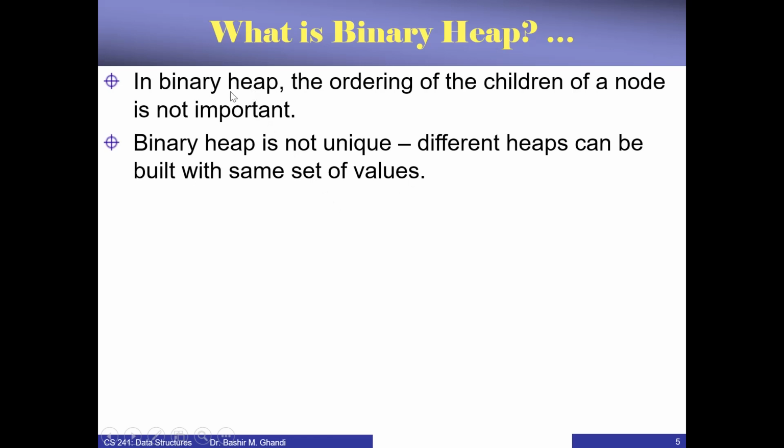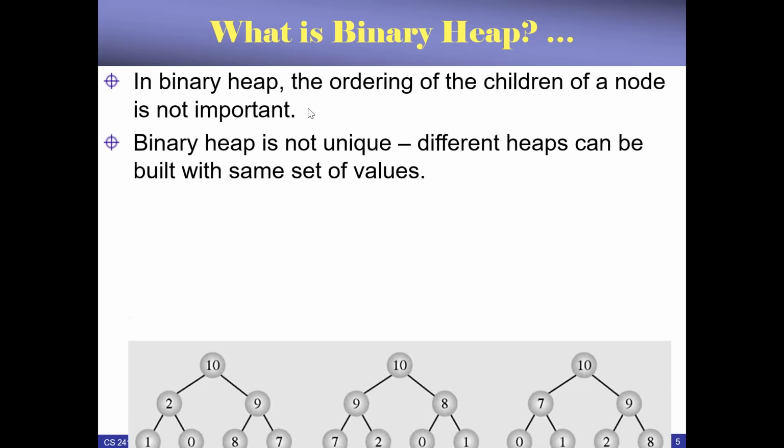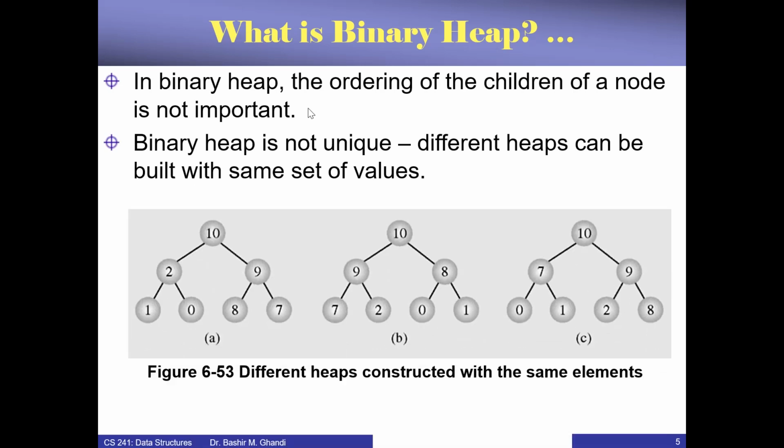Because we said the left and right ordering is not important, we can have different trees with the same set of numbers. As you can see in this example from the book, figure 6.53, all these are valid max heaps created from the same set of numbers. Okay.